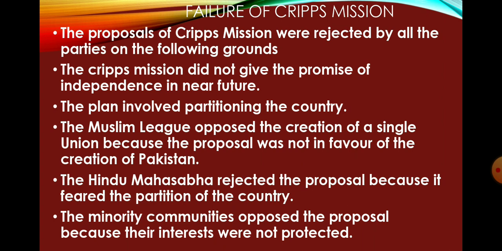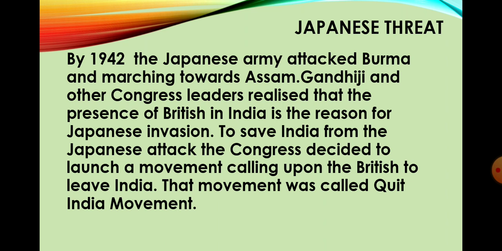The second reason for launching the Quit India movement was the Japanese threat. Japanese threat means the Japanese army was marching towards India. Japan and Britain were in opposite camps.